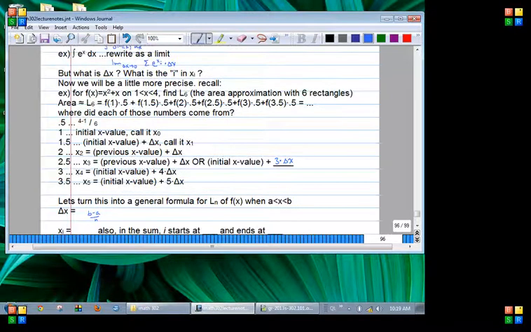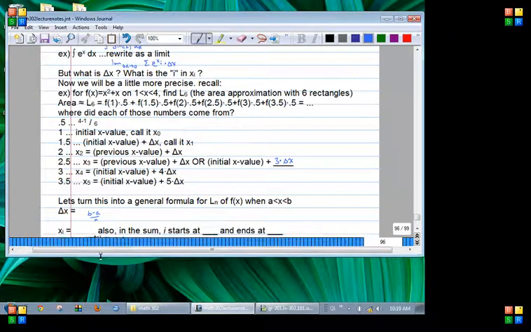Next, what is your xi? It's going to be the initial value, which is x0, or we could just write that as a, plus what? There is going to be a delta x there. I times delta x, exactly. So the ith x value, you've added i delta x's.